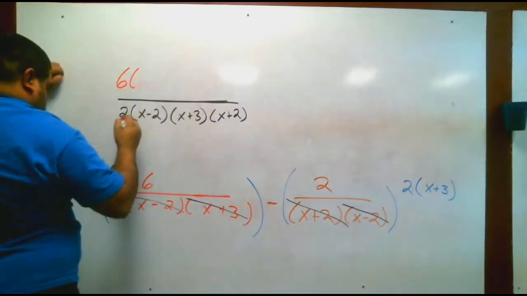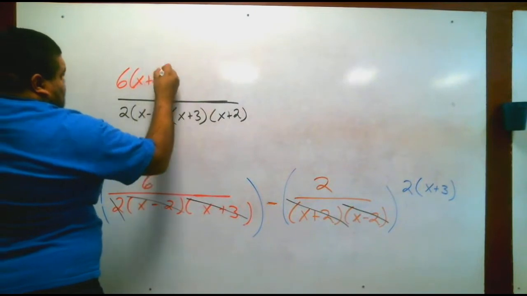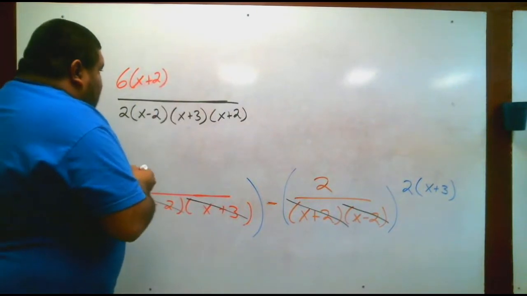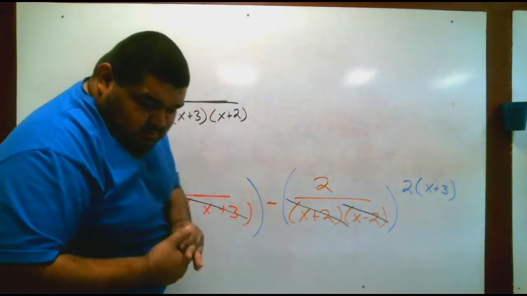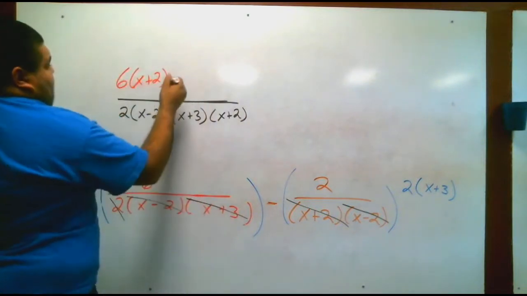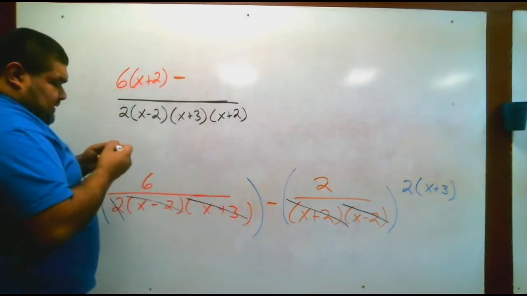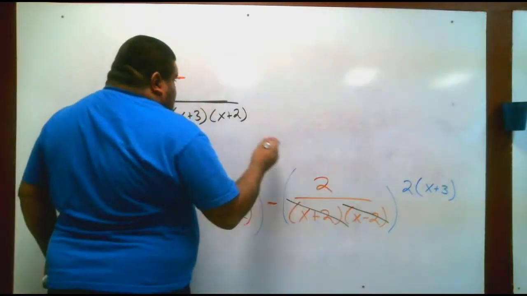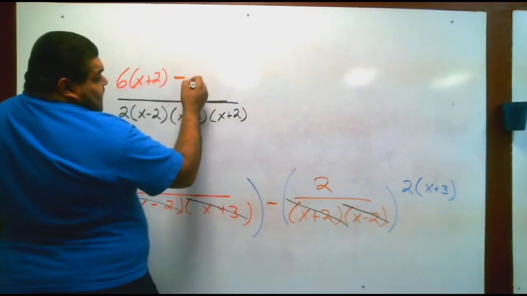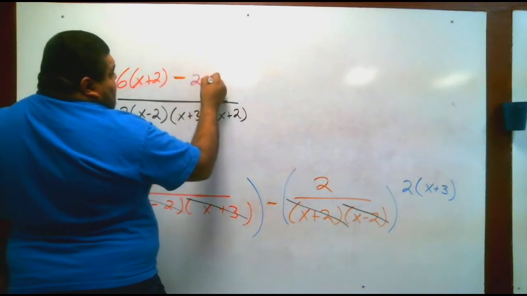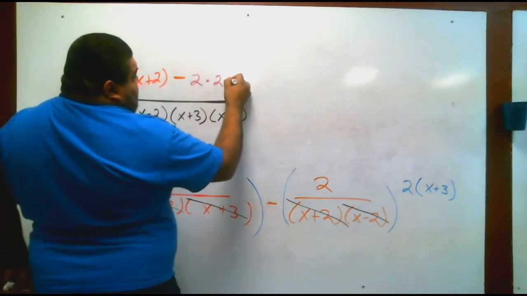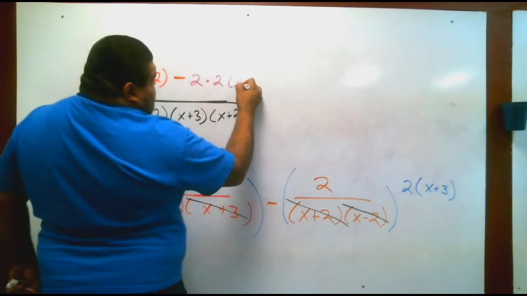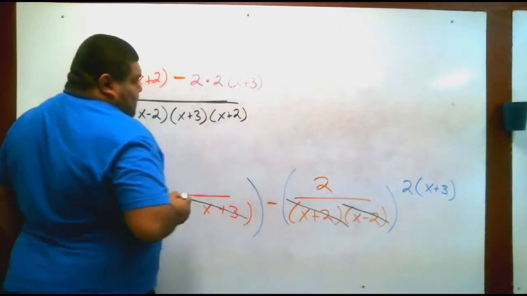We have 6 times (x plus 2), minus the other side, which is 2 times 2 times (x plus 3).